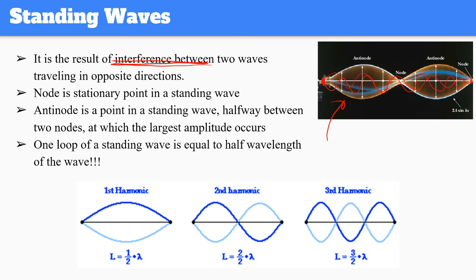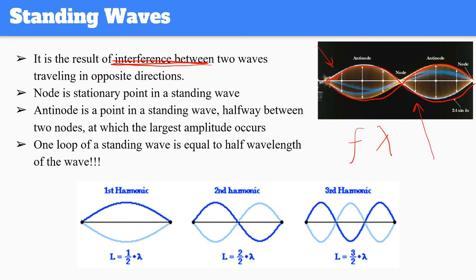As a result of this flip, there is a certain shape that you can create. At certain frequencies and wavelengths, you are going to be able to create this shape, and it's going to seem like it is basically standing there. It's not moving.